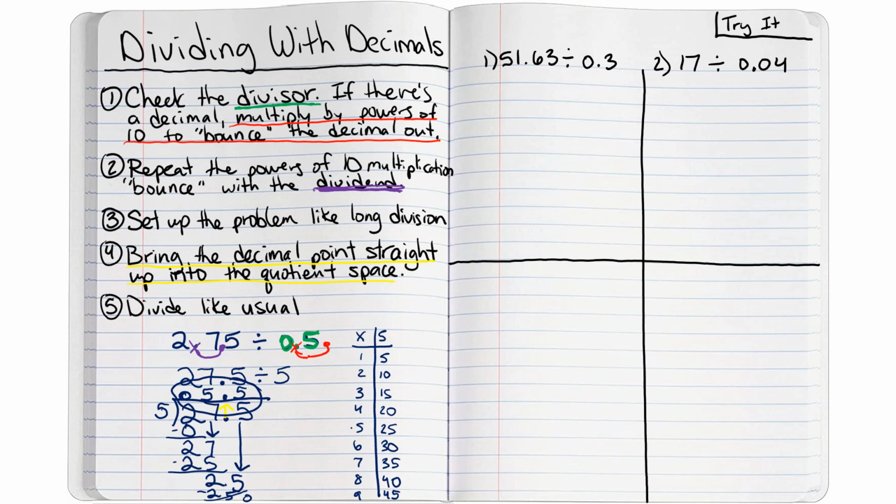Problem number 3 is asking us to divide, I'm going to move it down a line so we've got a little more space, 17 and 6 tenths divided by 8. And problem number 4 is asking us to divide 522 divided by 1 and 5 tenths.